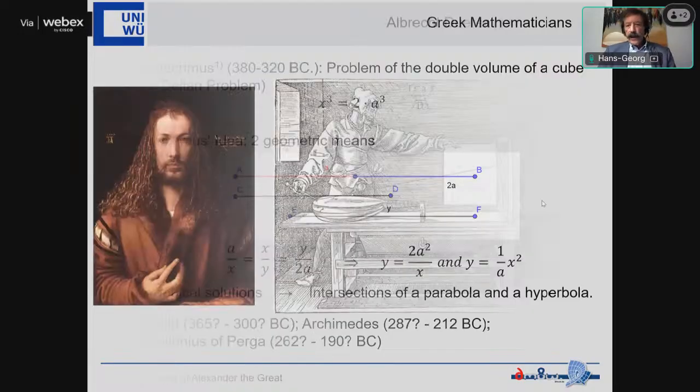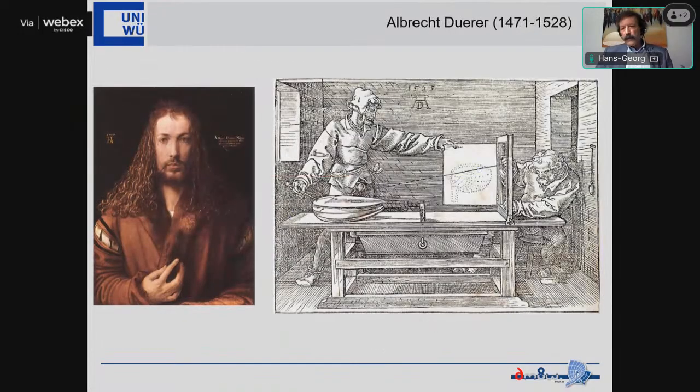And then coming to nearly the medieval times, or the starting of the new time, there were painters like Albrecht Dürer, and what they looked for was how to draw pictures in 2 dimensions, so you get the transformation from 3D to 2D.